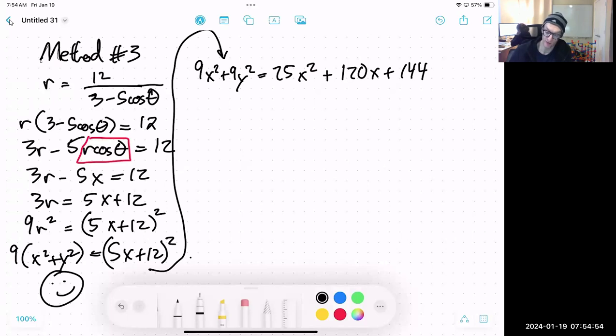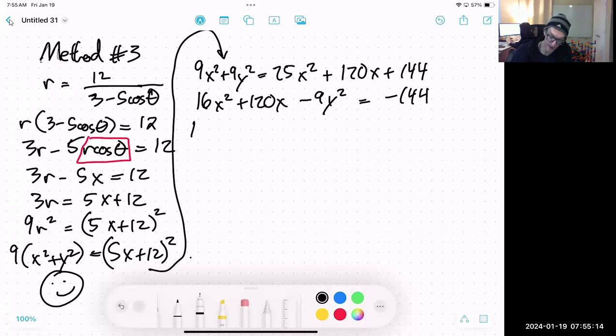All right, so let's move all the x's and y's over to one side and the others to the other. So this is going to be 16x squared plus 120x minus 9y squared equals negative 144.